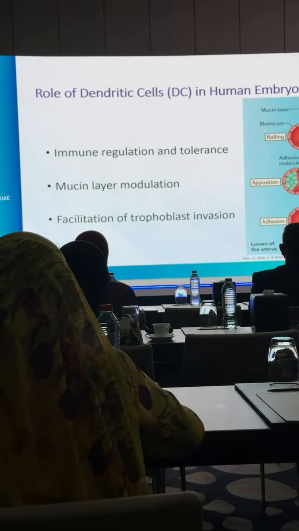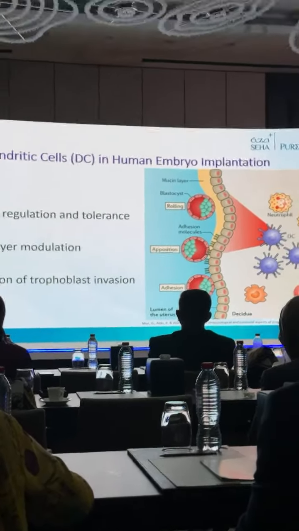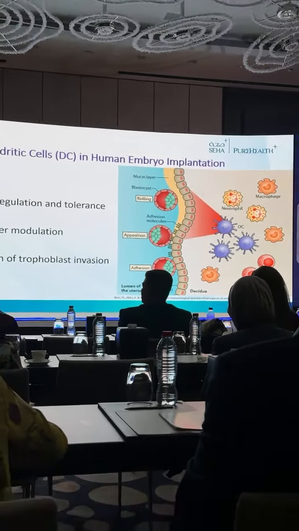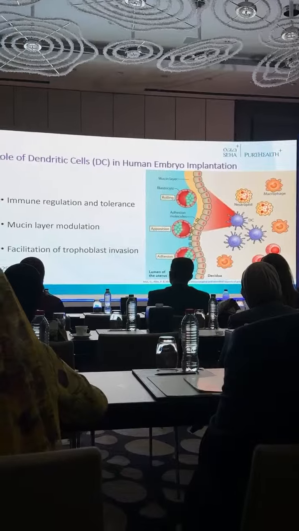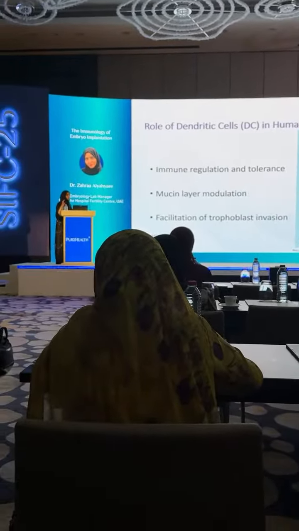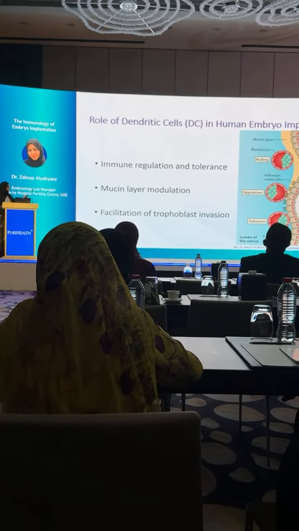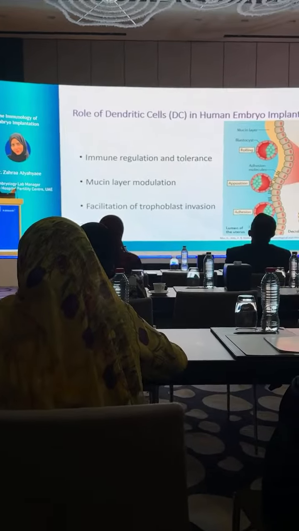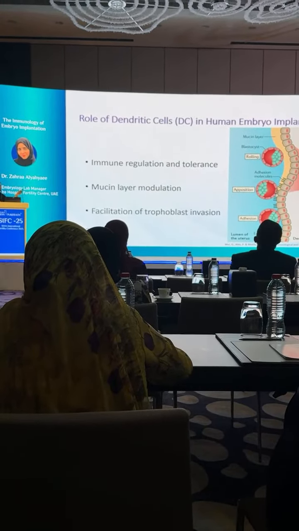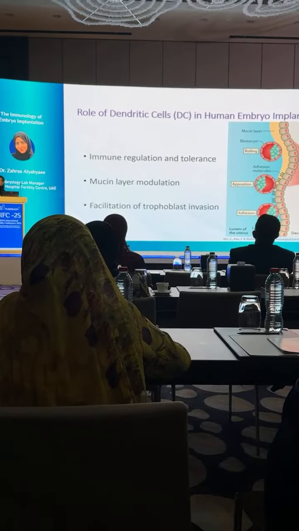So it releases factors to dissolve that layer and supports the implanting embryo by exposing receptors that help the embryo attach to the endometrium. So attachment is immune regulated. If there is any defect in the dendritic cells, then we expect that this mucin layer is not released and the embryo will not be able to implant.